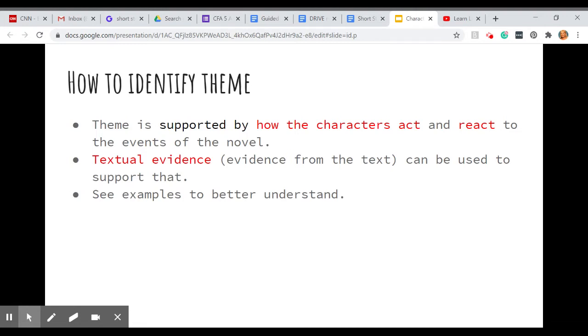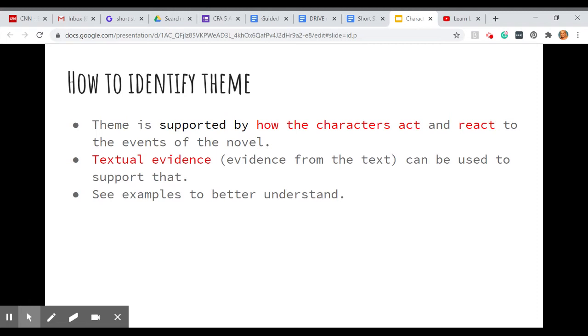Okay, we could support that by saying that Rikki Tikki was nervous when he had to attack Nag in the bathroom, but he did it anyway, even though he knew he might possibly die. And a lot of people said that Rikki Tikki was more effective in the way that he handled life because he actually got things done instead of Darzi, who just stood back and waited for other people to take care of it.